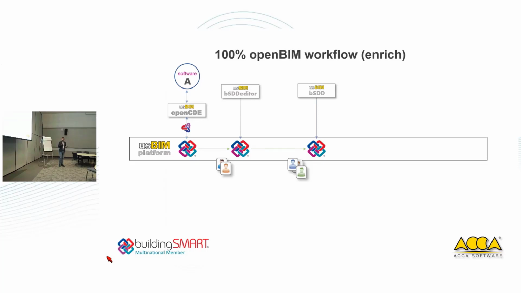So we have created our bSDD with the command that we want. What we will do next is take any IFC model produced by any modeling software, and we believe that data and geometry should be kept separated. We like to think that the modeling tools are very good at doing geometry.